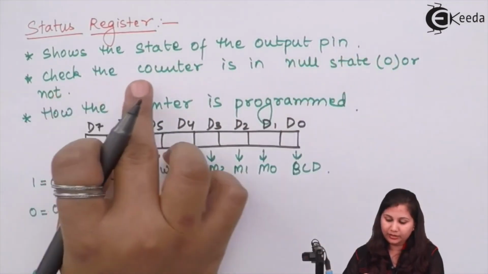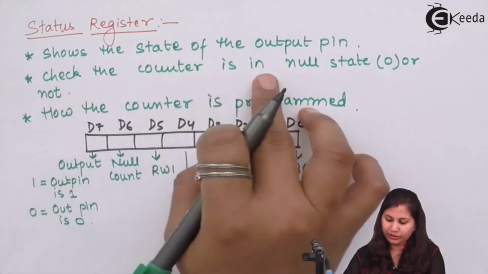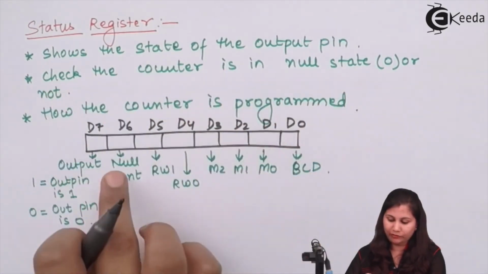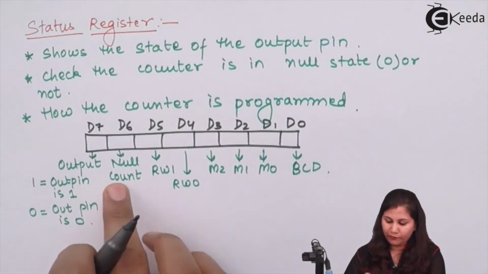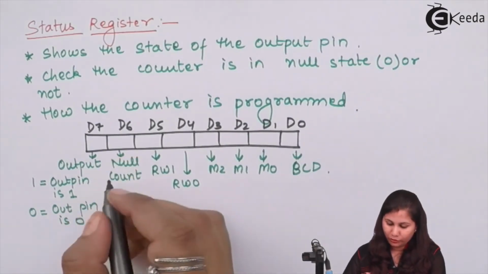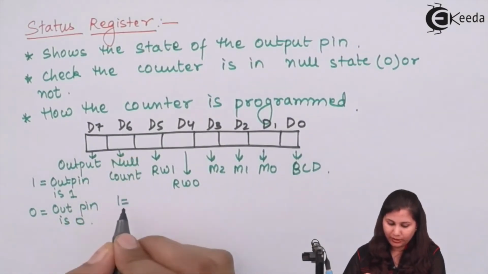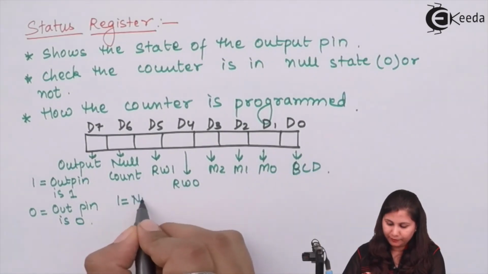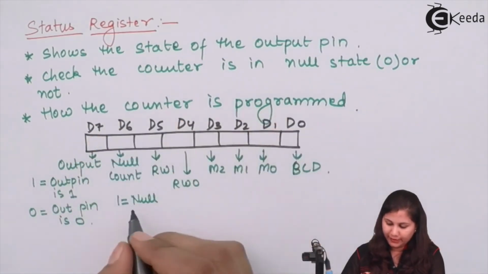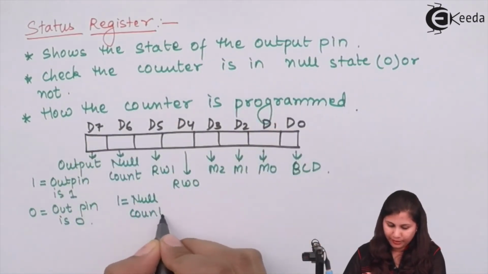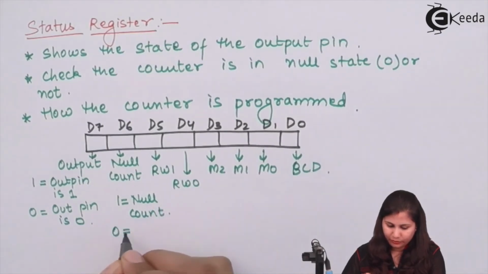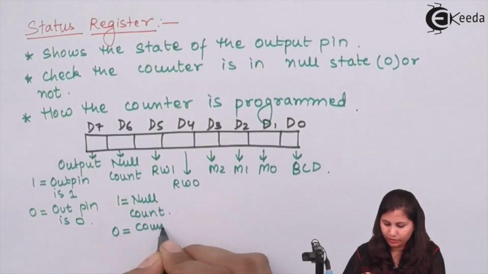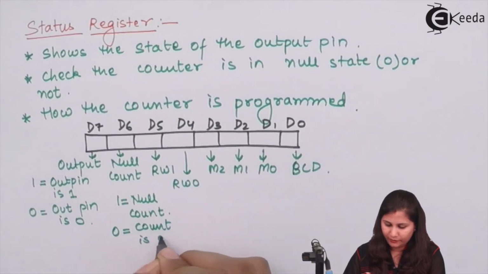Now, to check whether the counter is in null state or not, we have this D6 bit for the null count. When this D6 bit is 1, it means that the counter is in null state, and when it is 0, it means the count is available for reading.